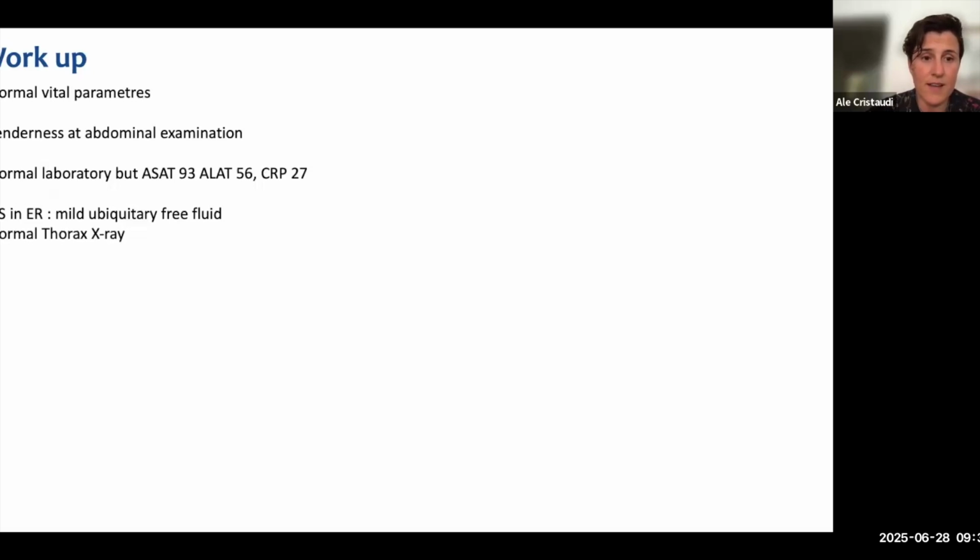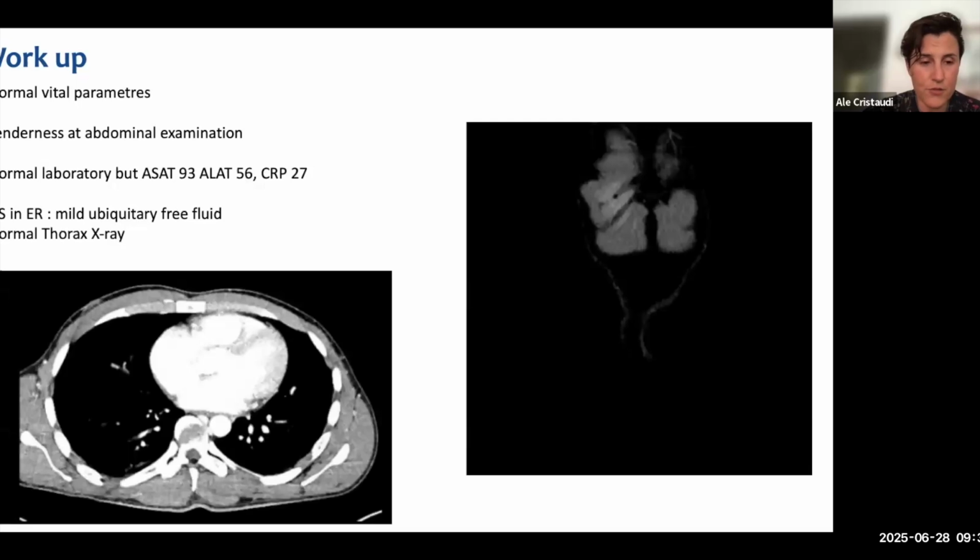except for the transaminases and a slight inflammatory syndrome with a CRP of 27. And they perform an ultrasound finding some free fluid, and an X-ray, which is normal, no pleural effusion. And this is the CT scan that is performed.